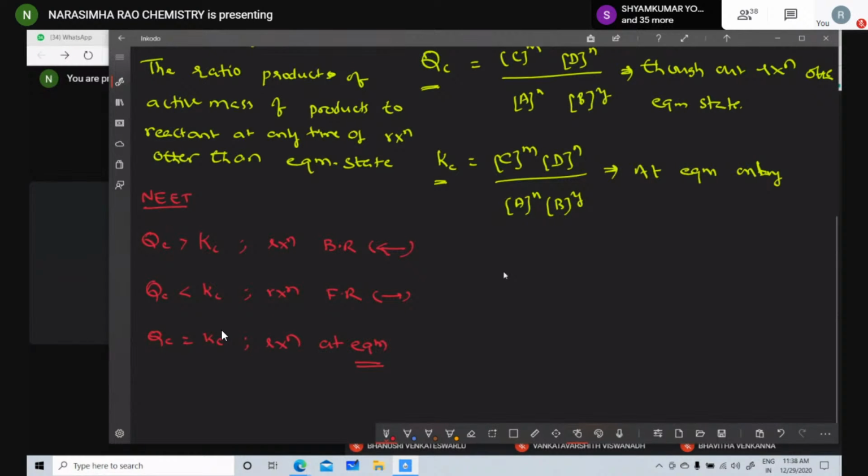Let me discuss now by using these diagrams. Look, first, what I am taking, children, is Qc less than Kc. This is first.